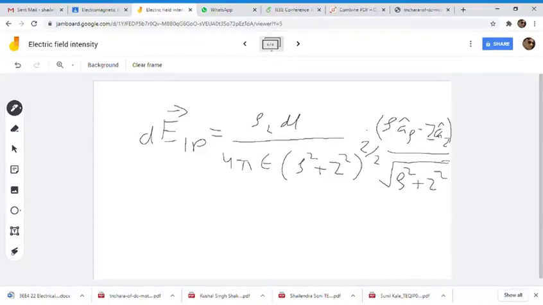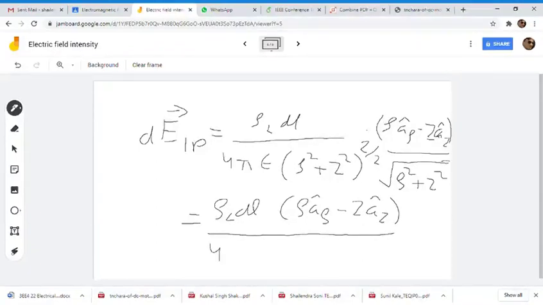So it will turn out to be rho l dl, rho a rho minus z az, divided by 4 pi epsilon, rho square plus z square to the power 3 by 2.